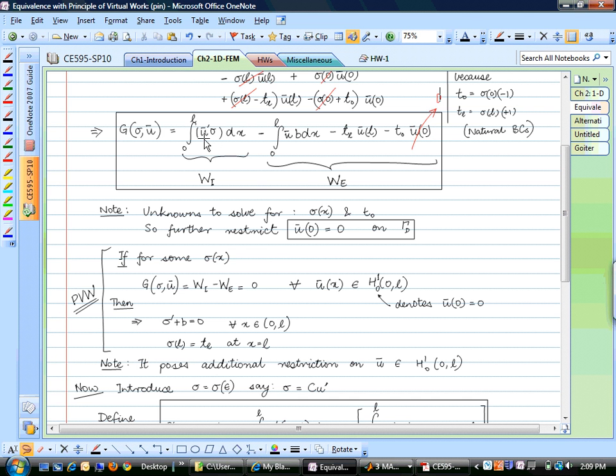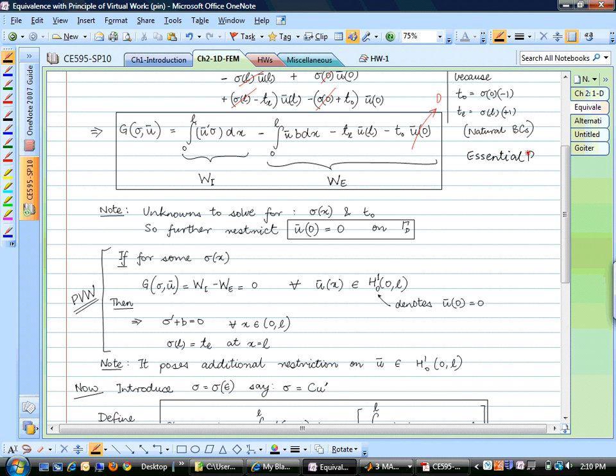So u bar is a virtual displacement, the real displacement is u. So we need to calculate both derivatives. So in order for this integral to be well defined, the u bar function has to be in the space H1. And this 0 at the bottom denotes that it should satisfy this condition. Now this condition is a little bit different from the essential boundary condition.